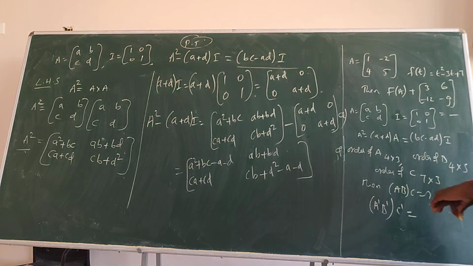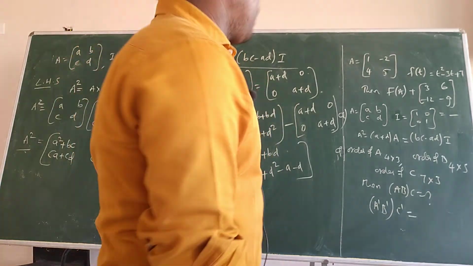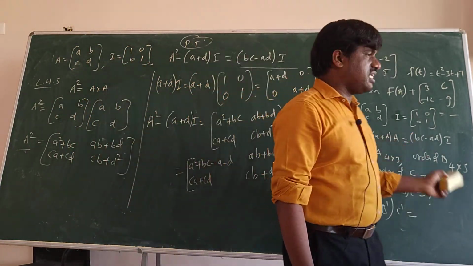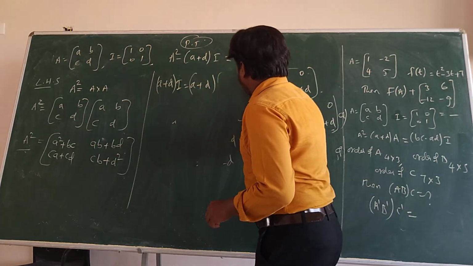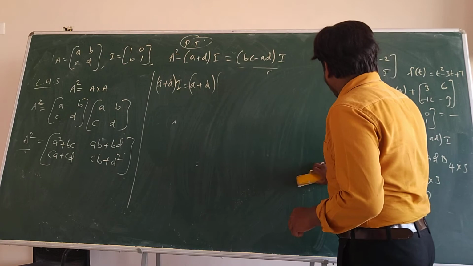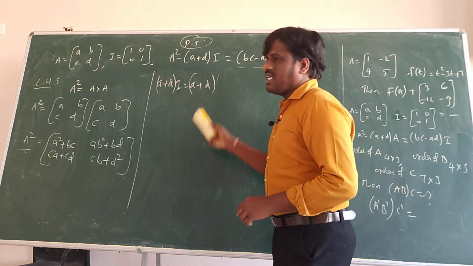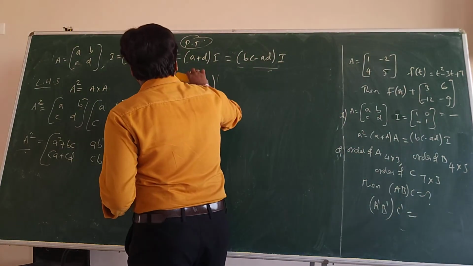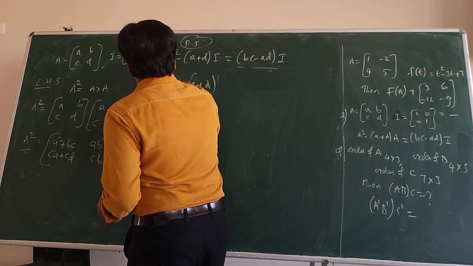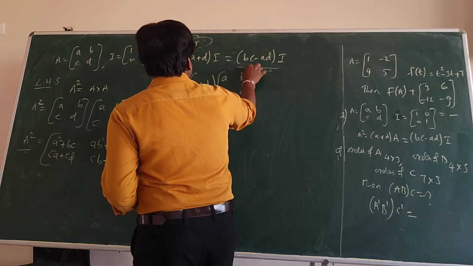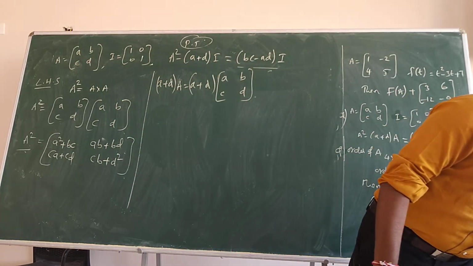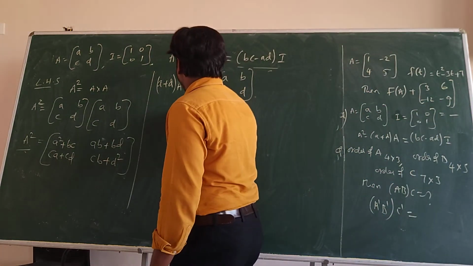But what I have to get? The question is given (A plus D) into A. Okay. So what do you do here? This we have to erase. (A plus D) into A, not I. So (A plus D) into A is A, B, C, D. Correct? Now you multiply.